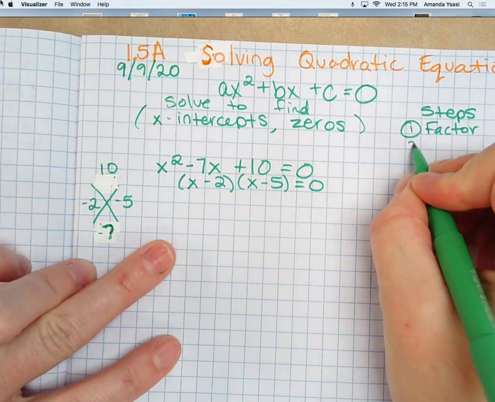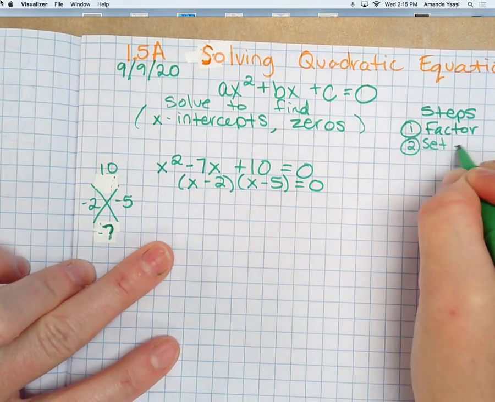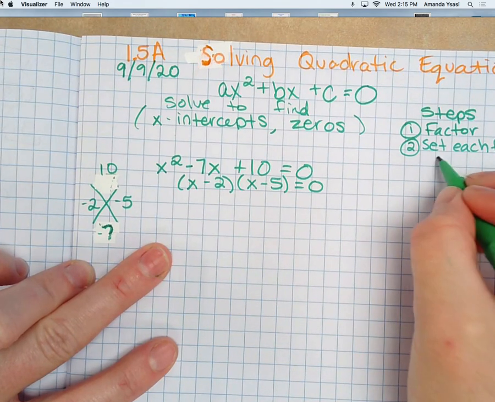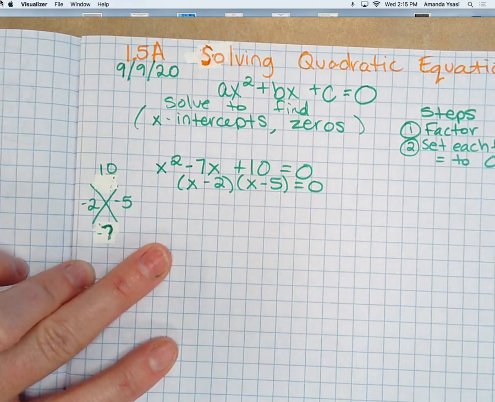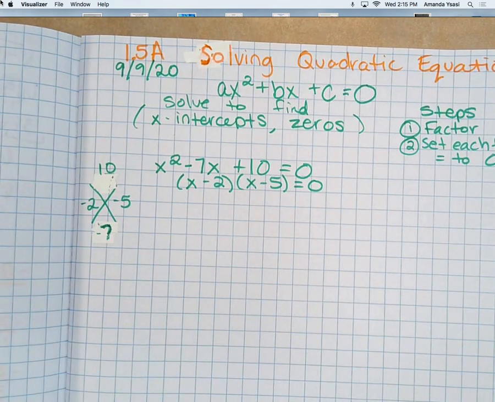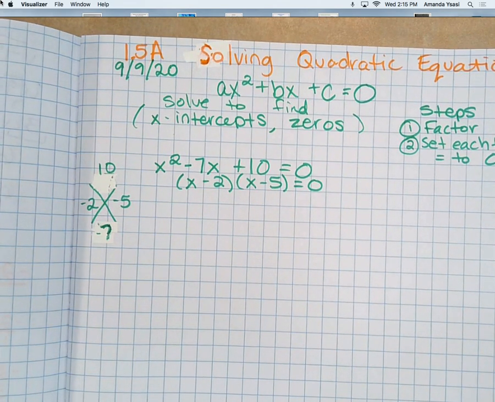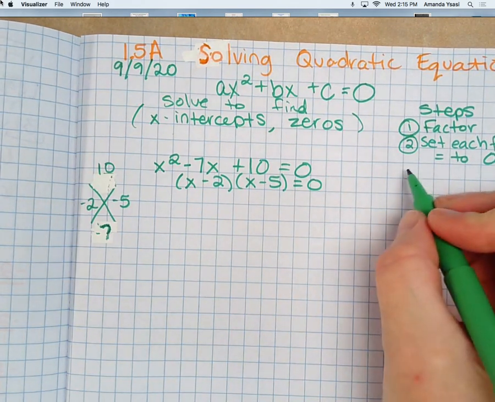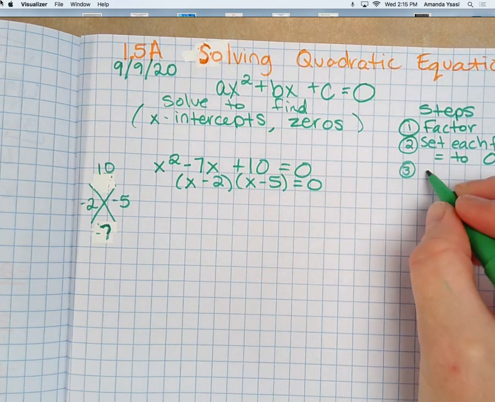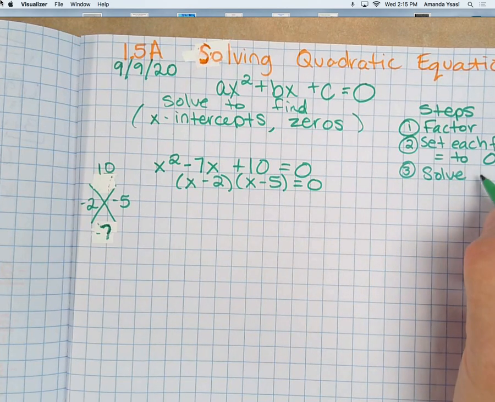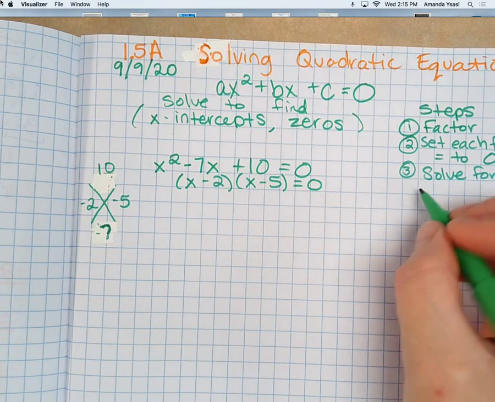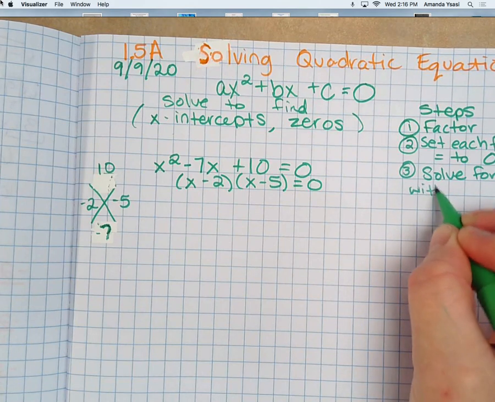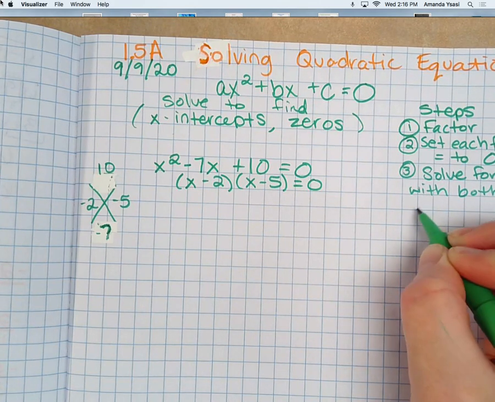So we factor and then set each factor equal to 0. And then step 3 is solve for x with both equations or both factors.